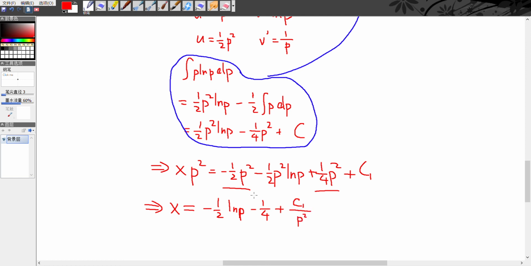We can't merge these two with the constant c1, because p squared is divided right here.